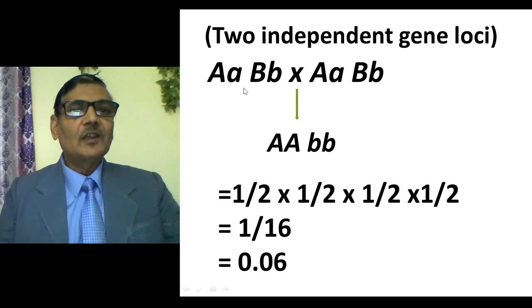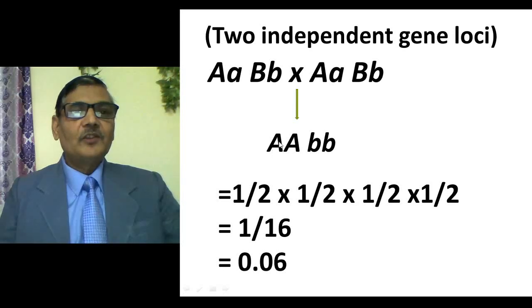So it is a case exactly similar to the dihybrid F1 case, and if these two individuals are crossed with each other, then what is the probability of getting an offspring with the genotype capital A, small b small b? So this is the question.